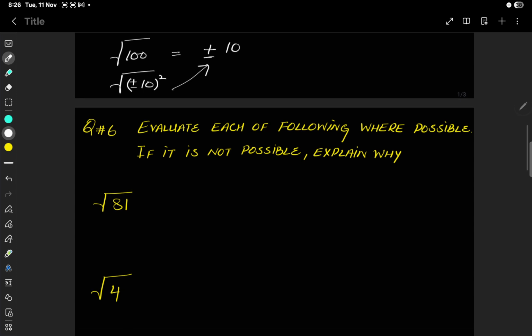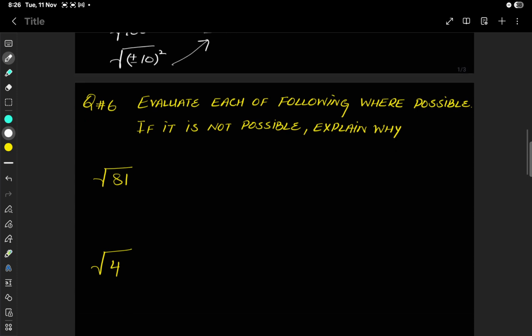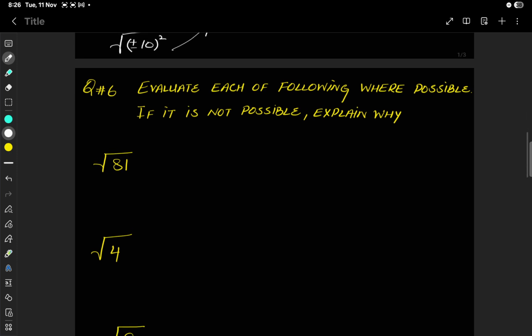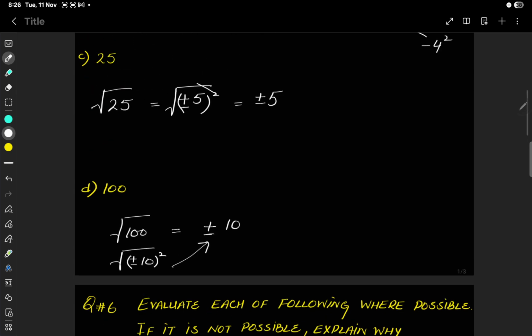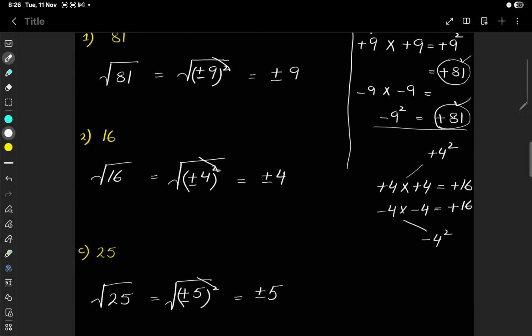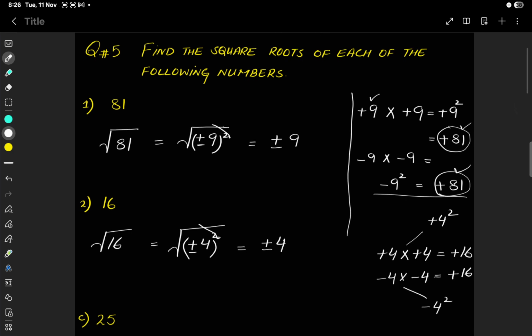Now this is question number 6, and they are saying evaluate each of the following where possible. If it is not possible, explain why. Can we find out the square root of 81? This is pretty simple, you guys can do it orally. The answer will be plus minus 9, as we have already done this in question number 5.